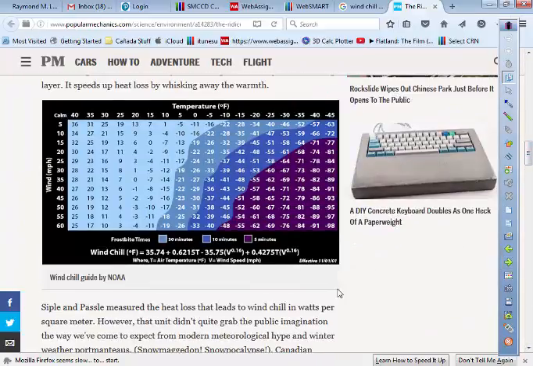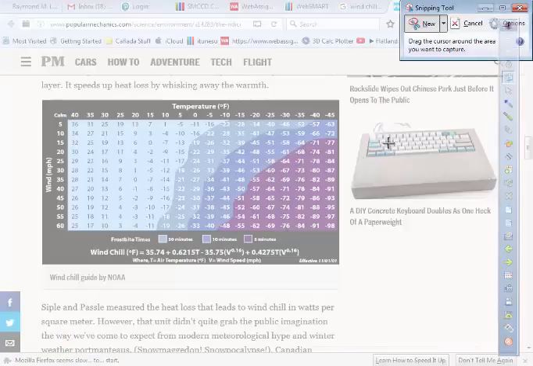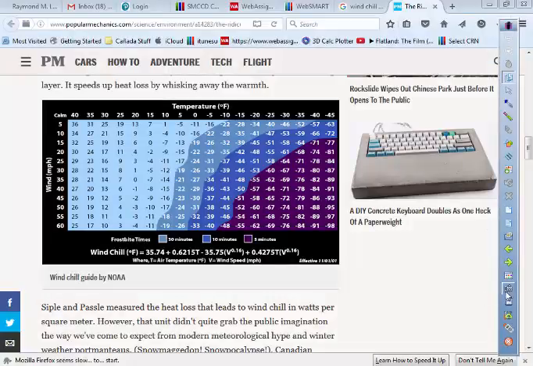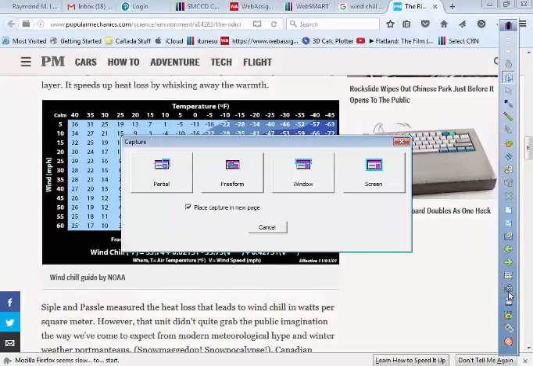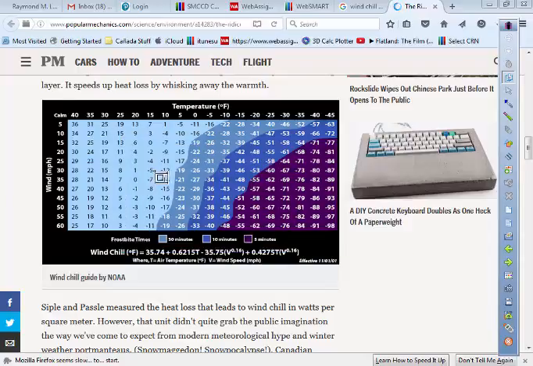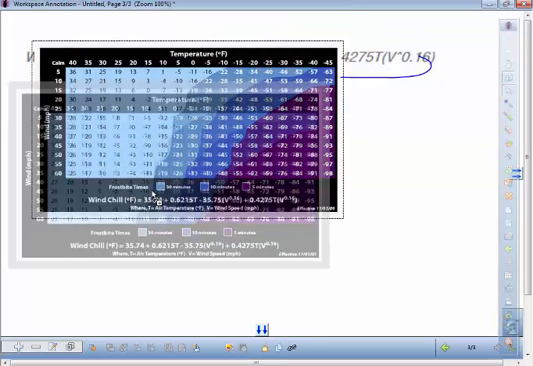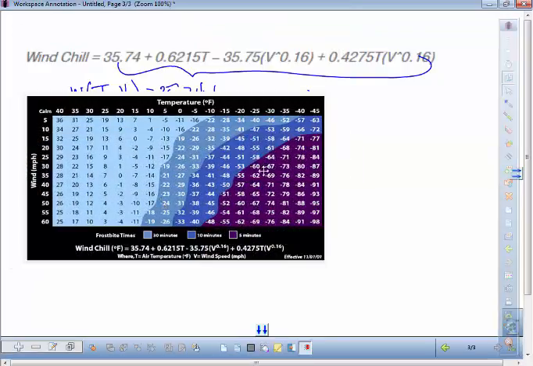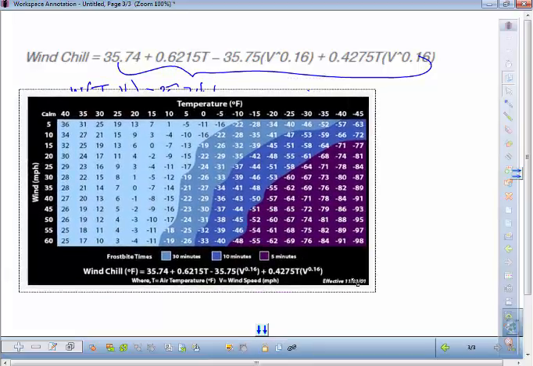Most of the time when people try to figure out what the wind chill factor is, they just rely on the table instead of having to use a complicated looking formula. As scientists, I'm hoping that you would be able to take a look at this table and understand how to use it. Is this the same formula? 35.75, 0.42, yep, it looks the same.